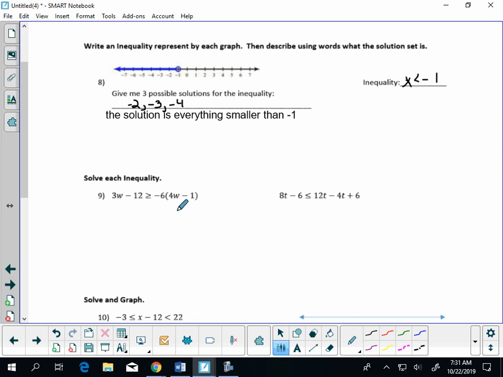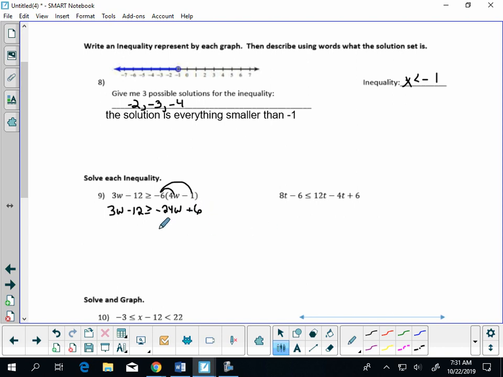All right, number 9. Number 9 looks a little bit more involved. So on that one, I'm going to start by distributing, and I get 3w minus 12 is greater than or equal to -24w plus 6.